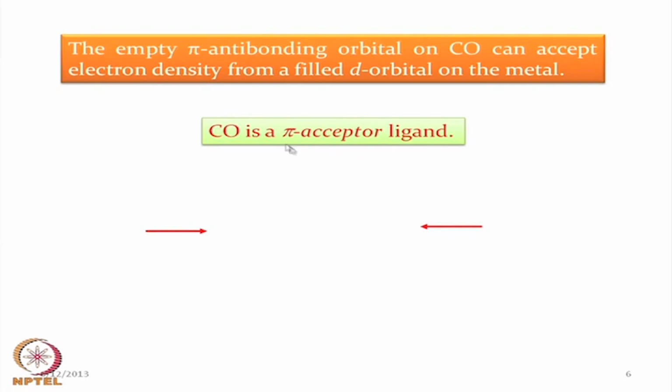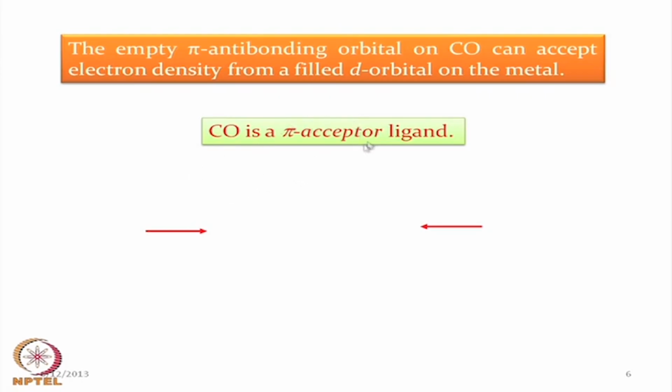We write carbon monoxide as a good pi acceptor ligand, but we now have to justify that within the spectrochemical series, carbon monoxide is the strongest possible ligand among the 12 or 15 or 20 ligands we have arranged so far.